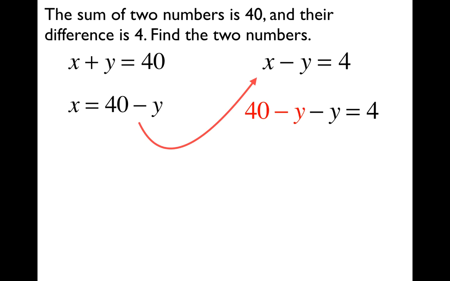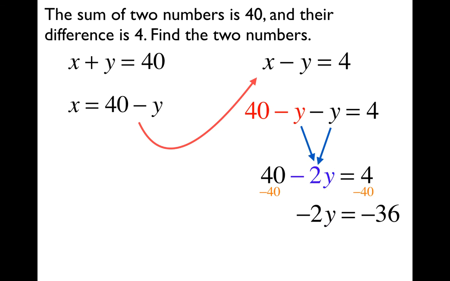Now I have an equation with just y's in it, and I can solve this equation because if I have a minus y, that's minus 2y. And now I just subtract 40 from both sides, and I get minus 2y equals negative 36. Then I divide by negative 2 on both sides, and I get y equals positive 18. Am I done? Not quite, because I know y, but I don't know x yet.